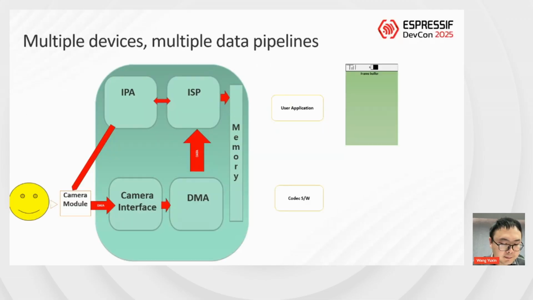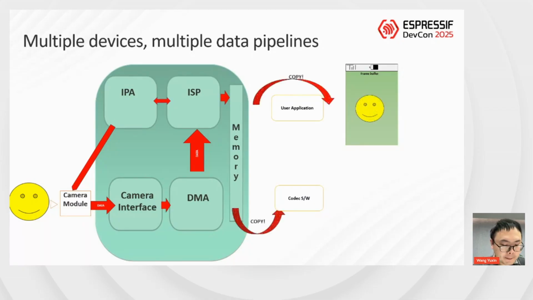But that's not all. Real-world camera applications often go beyond basic image capture. Many scenarios require optimizing image quality by adjusting ISP parameters like brightness, contrast, or noise reduction. You may also need to manage multiple data streams simultaneously.